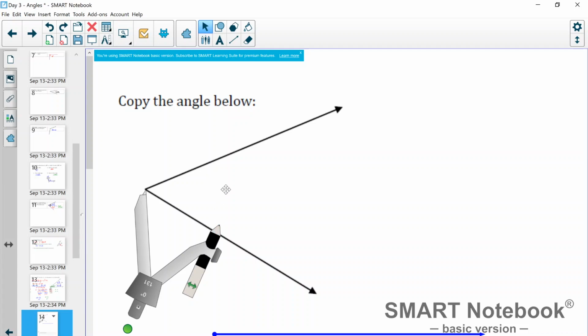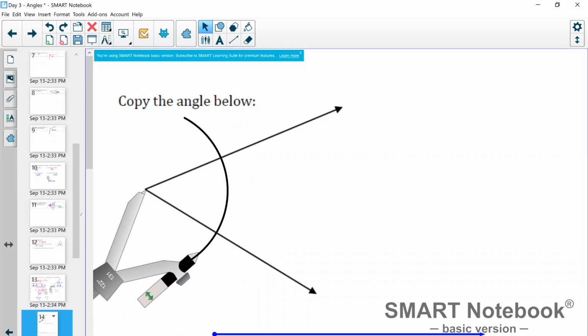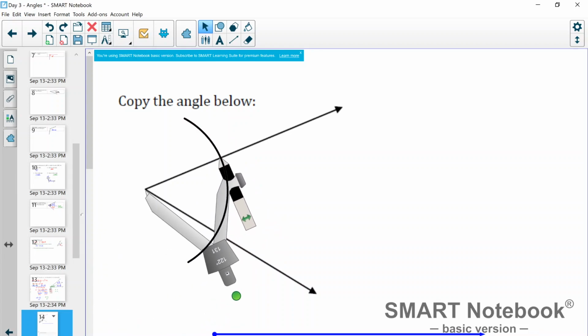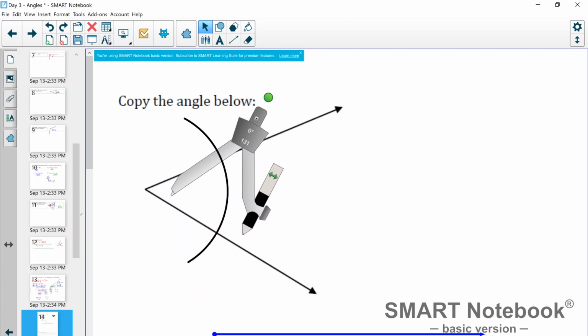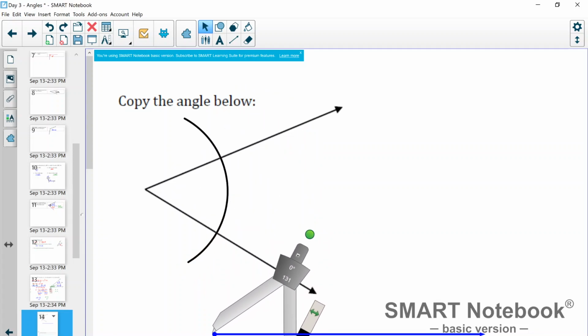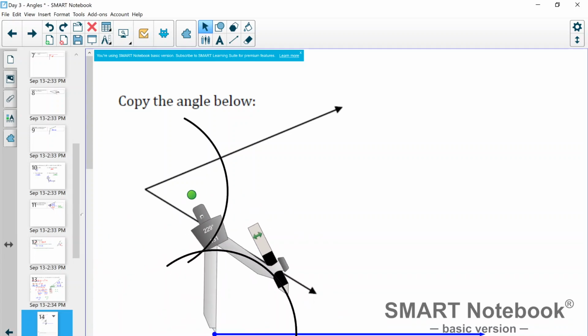And I'm going to mark it so that I run through both edges. Now I'm going to do the same thing on what I just drew. I'm going to take my bullseye end, leave the pencil where I had it, and make a nice large semicircle on the vertex.